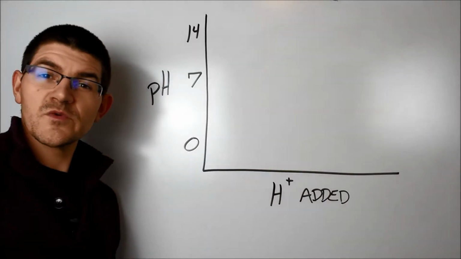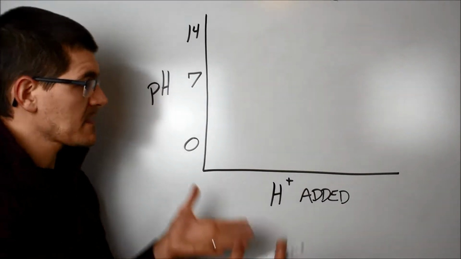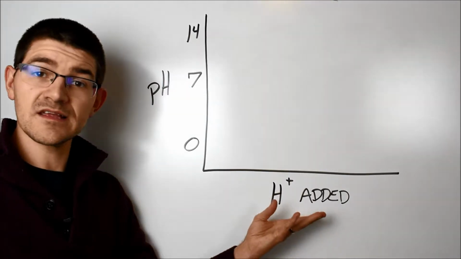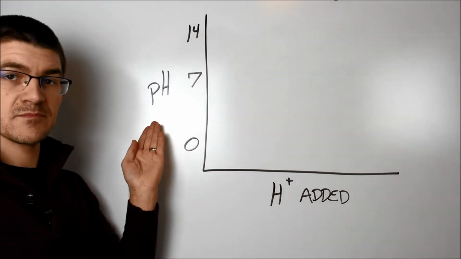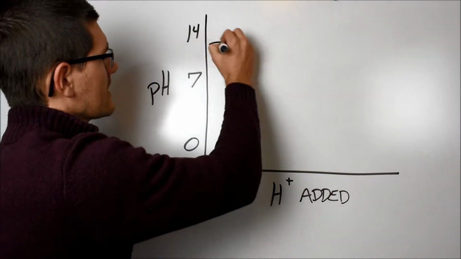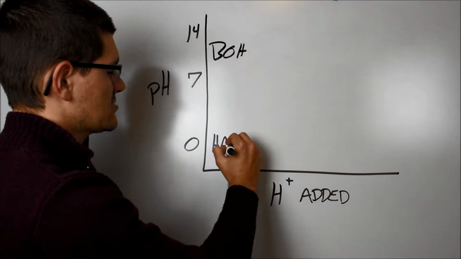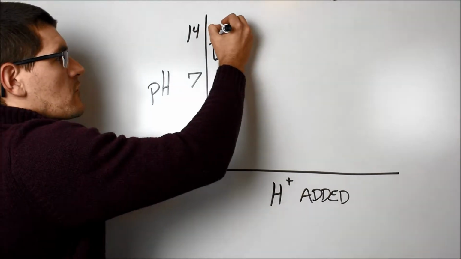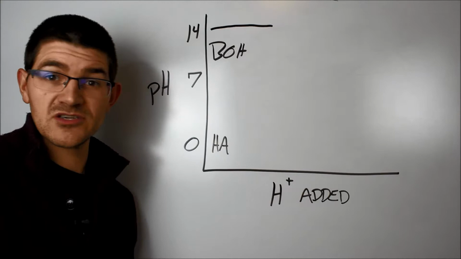With these definitions, we can see what happens when we titrate, or react, a strong base with a strong acid. This plot I have here has on the x-axis the amount of H+ or hydronium or acid added, and on the y-axis the pH. We start in an idealized scenario with a base called BOH and an acid called HA. We have base at 14 and we add a little bit of acid, and we get not much change in the pH.